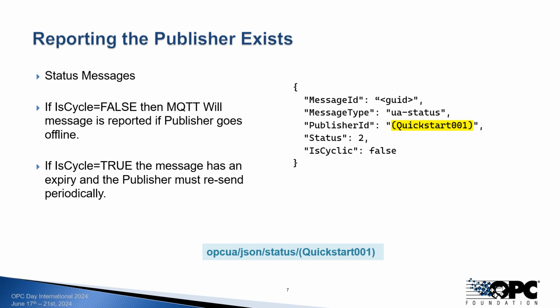And this is a very useful mechanism in a lot of contexts. It's not universally useful, which is why we also have the option of sending a status message that has an expiry time, and then the subscribers would get periodic updates. And if they don't get an update, because the expiry time has elapsed, then they would assume that the publisher is now offline.